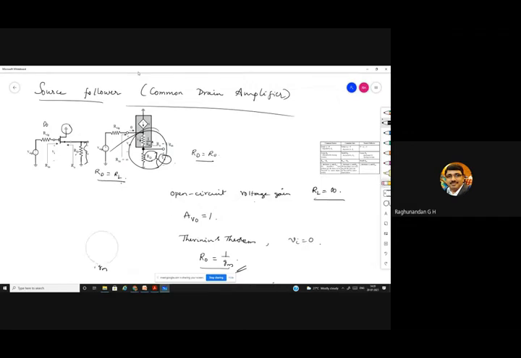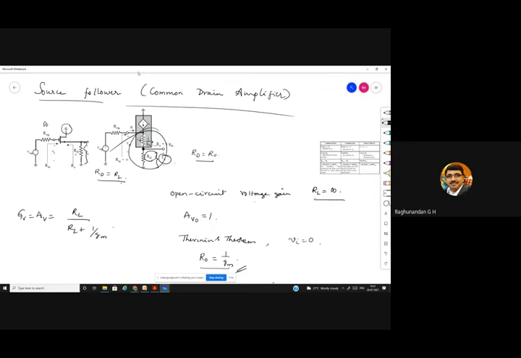Once we are done with this, the next step is to find the overall gain and the terminal voltage gain. The overall gain and terminal voltage gain in this case will become RL divided by RL plus 1 by gm.